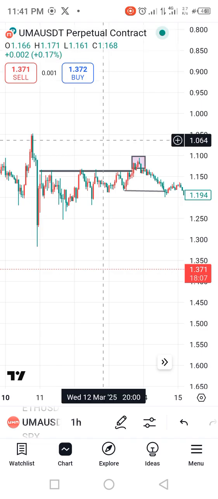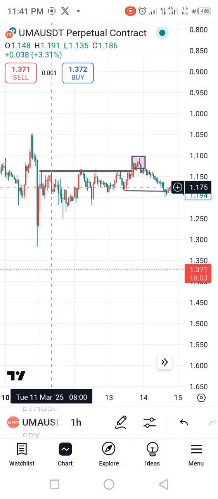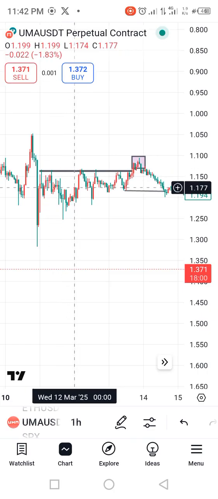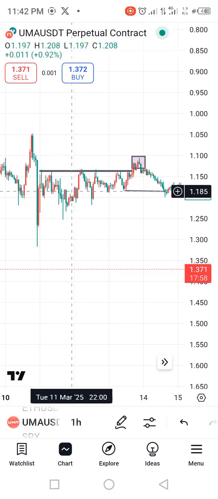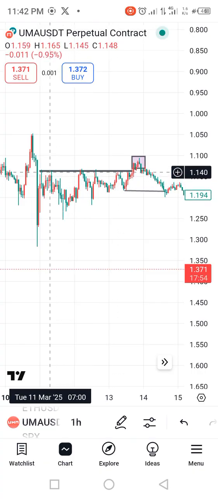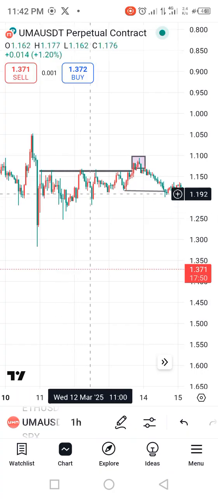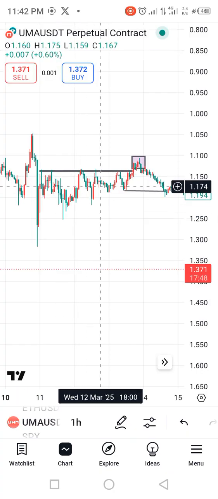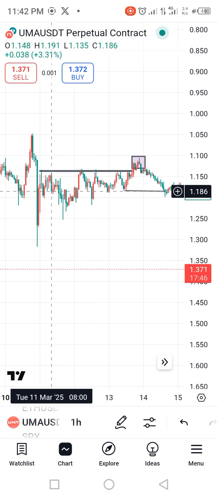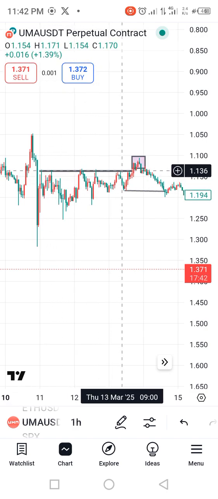It ranges, accumulating, making equal highs and lows. Just accumulation. You will see price making a series of support lines.